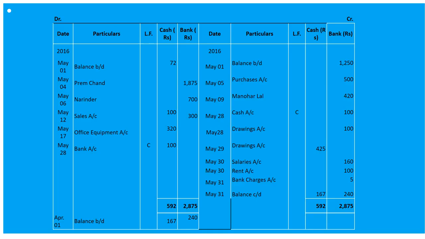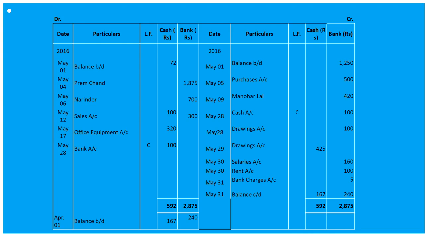The bank's amount will be written under cash, and by cash account, the amount will be written under bank. Fine. Next one is 29th, withdrew from office for payment of private bills 425. So by drawings account, 425 will be written under cash.